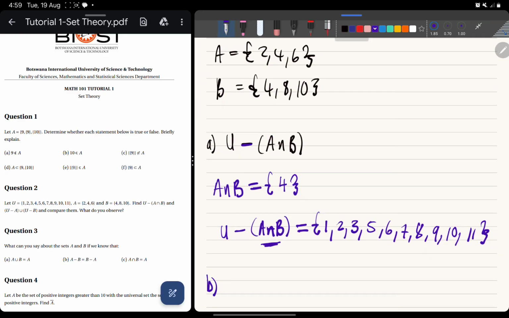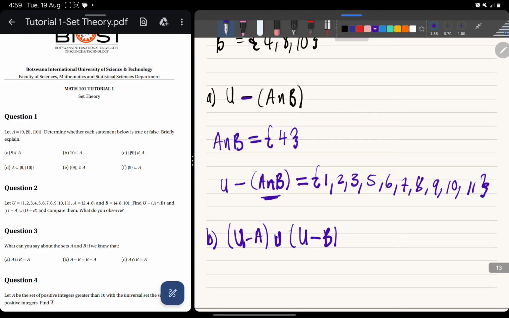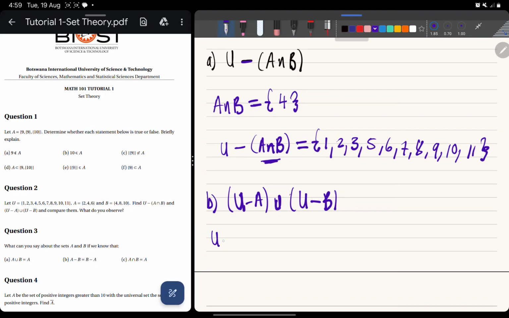Then now we do part B. We're going to say U minus A, which is the universal set minus A, uniting with the universal set minus B. Now, first we're going to get the universal set minus A. What is this going to be?